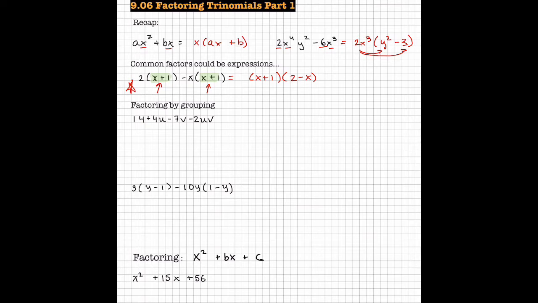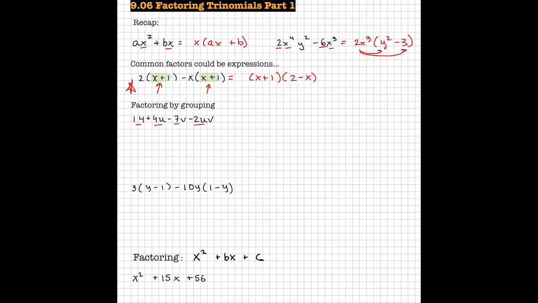When we're factoring by grouping, there's various ways we can do this. As I look at this problem, I see the 14 and the 7 are factors of each other, and the 4u and the 2u are factors of each other. So I could rearrange this, because we can use the commutative property.